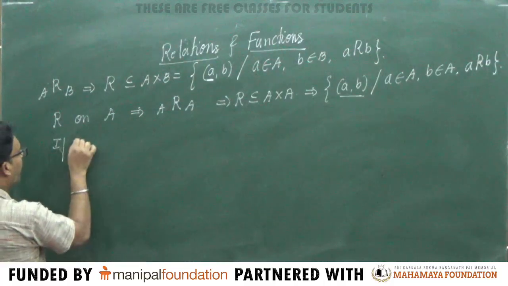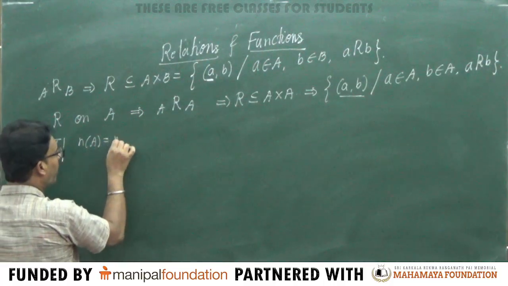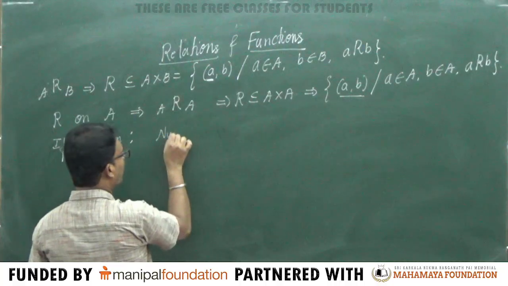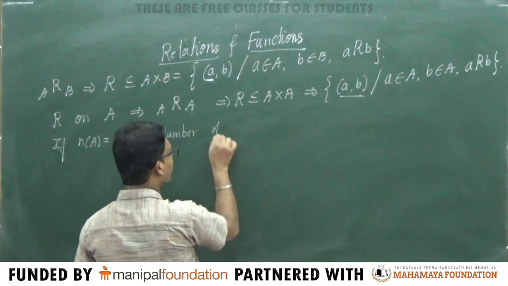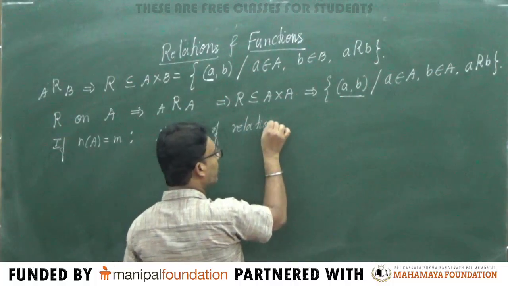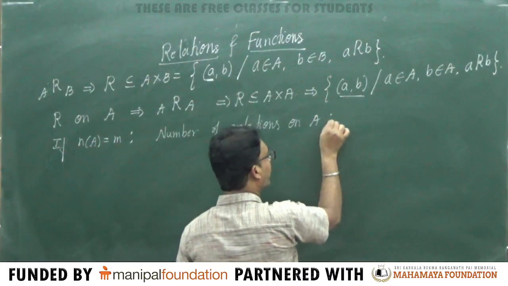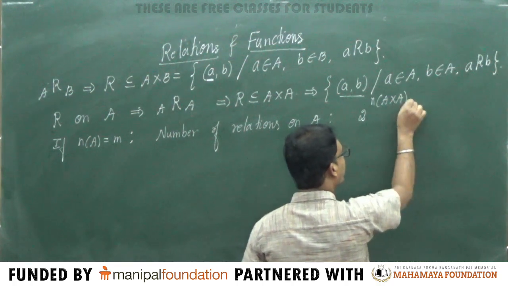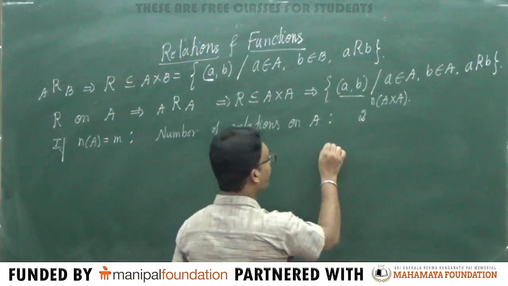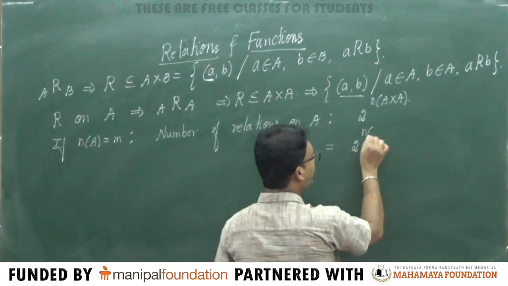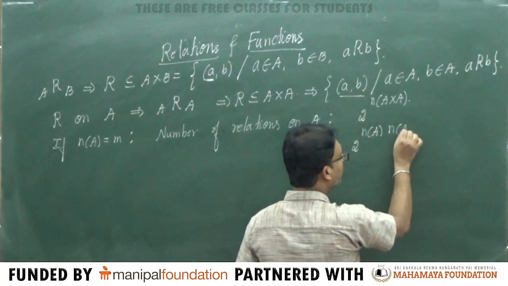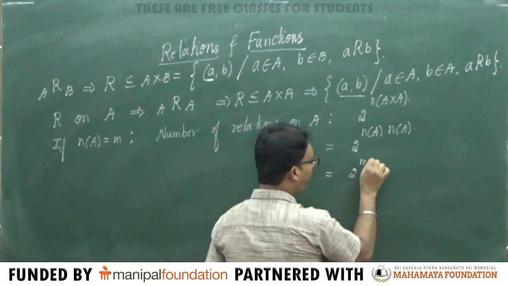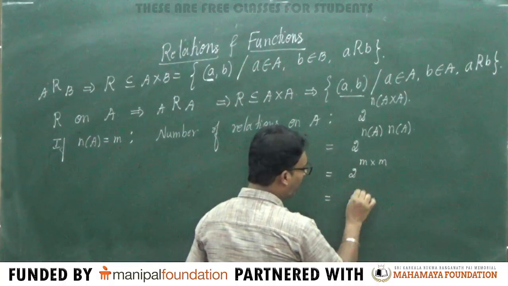Just assume that the set A contains m number of elements, then the number of relations on the set A is given by 2 to the power of the number of elements present in the set A cross A. That means 2 to the power of the number of elements present in the set A into the number of elements present in the set A. That means 2 to the power of m into m, that is 2 to the power of m square.